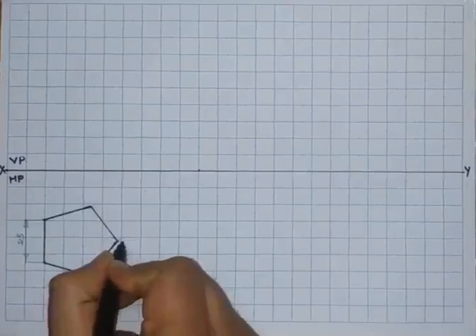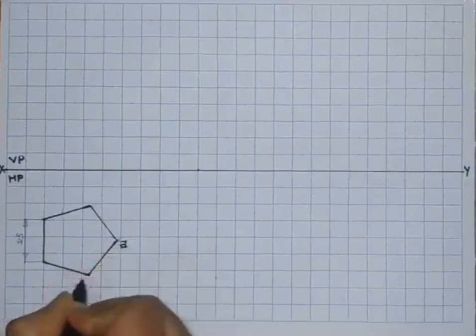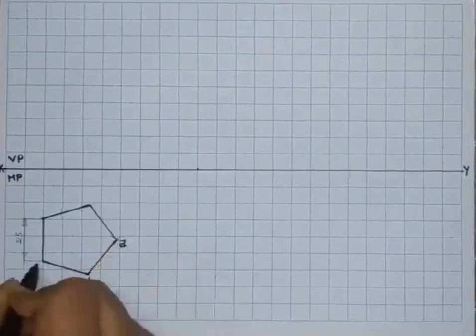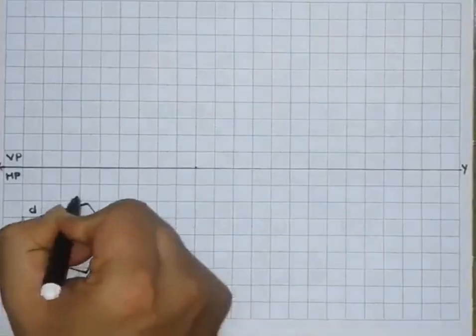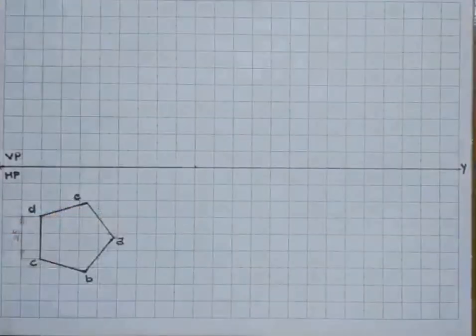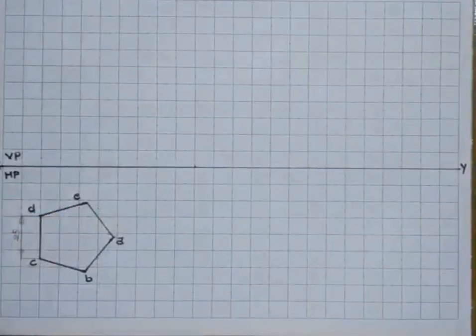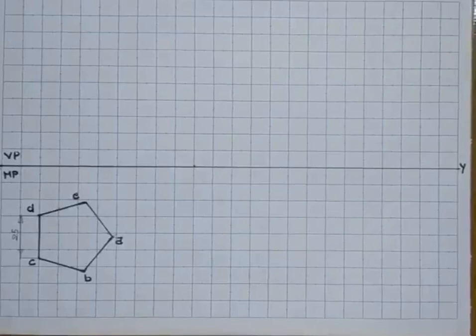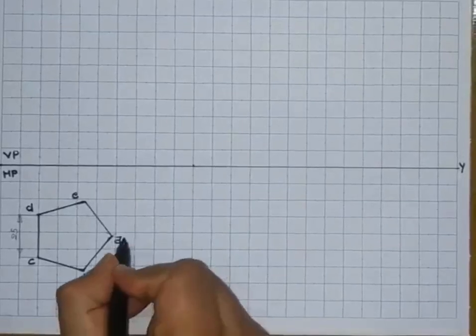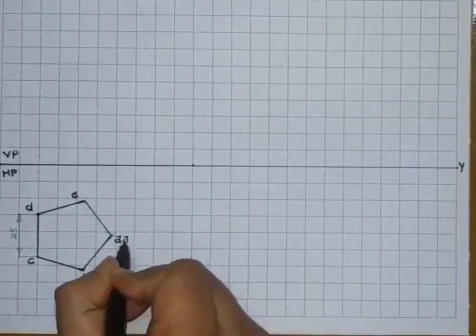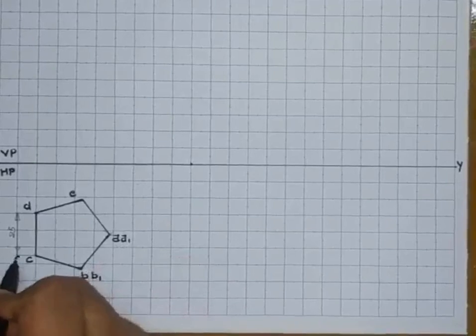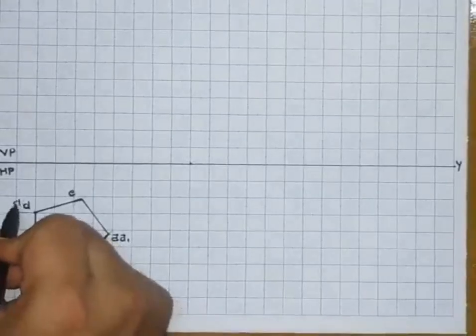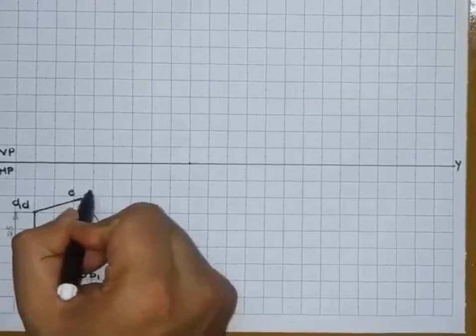This is point A, B, C, D and E, and also I need to mark the bottom face points. I am going to name them as A1, B1, C1, D1 and E1.